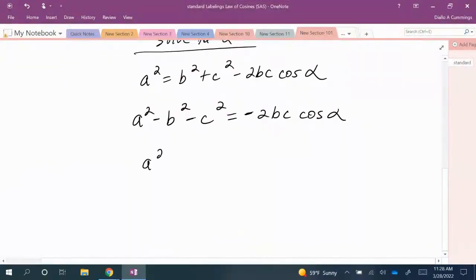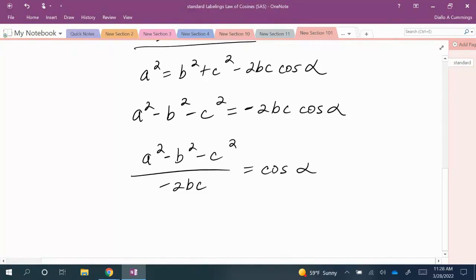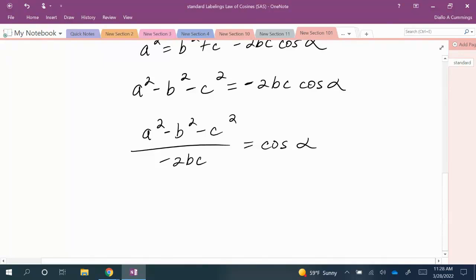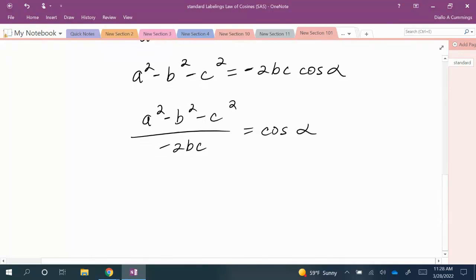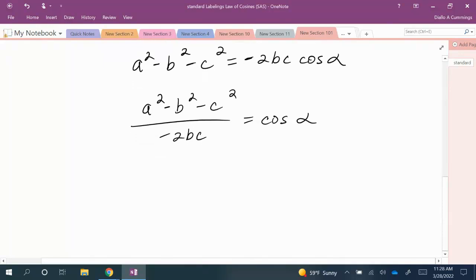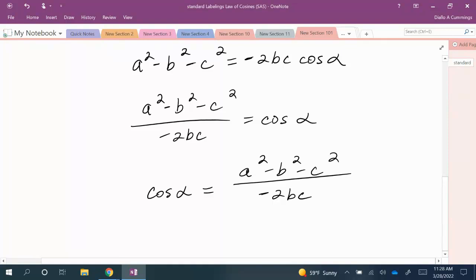So A squared minus B squared minus C squared divided by negative 2BC is equal to the cosine of alpha. I'm just going to flip it around before I do anything else, so the cosine of alpha is equal to A squared minus B squared minus C squared divided by negative 2BC.